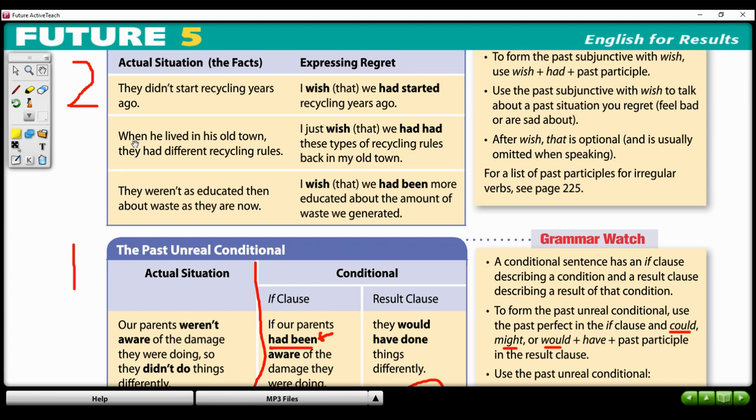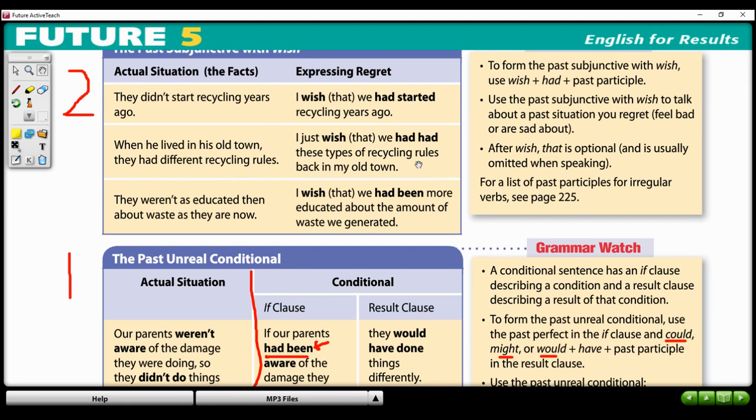Here's another example. When he lived in his old town, they had different recycling rules. And here, I just wish that, or I wish we had these types of recycling rules back in my own town. Okay. Notice here the word that, it's optional.